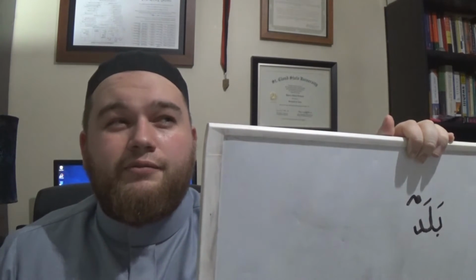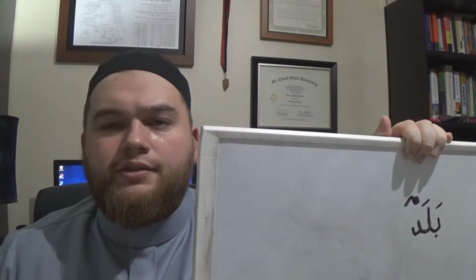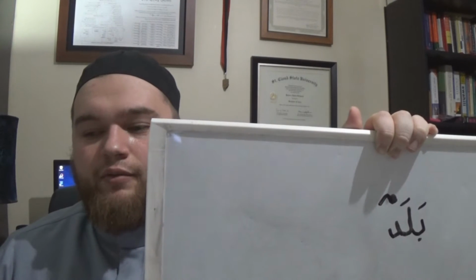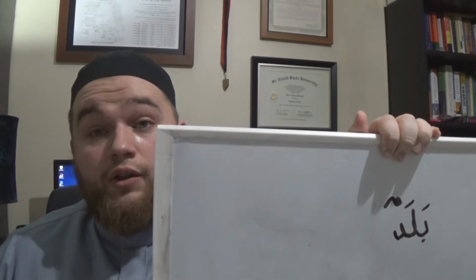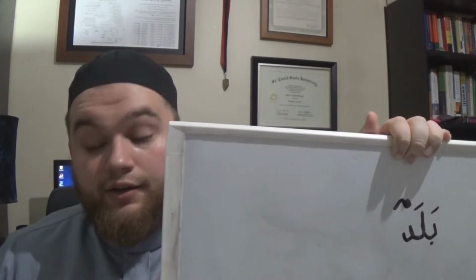It sounds kind of strange in English to say "a land," but in Arabic this is used very commonly. You'll hear it quite often when people are referring to their country, their homeland, their particular town or village, or their farmland, and those types of things. So it's very common.